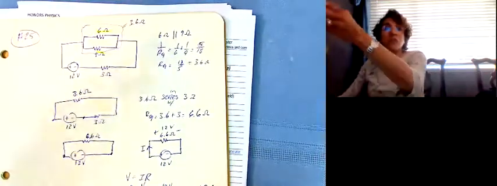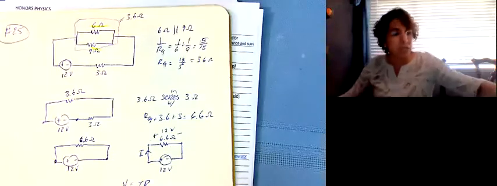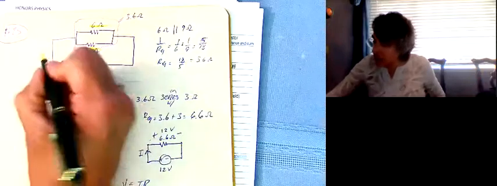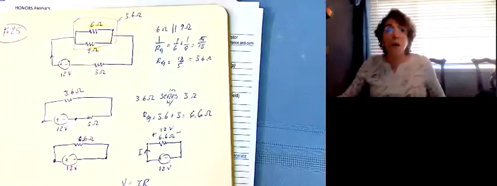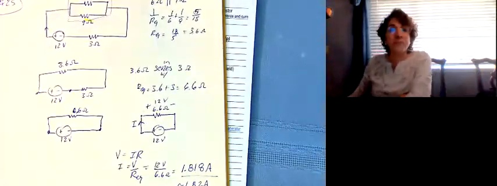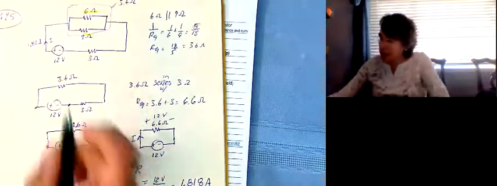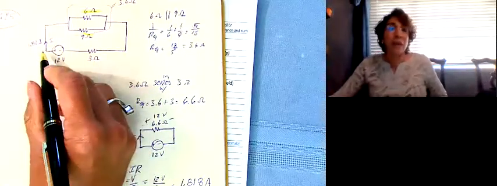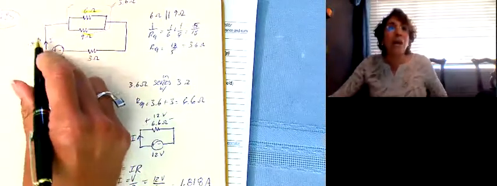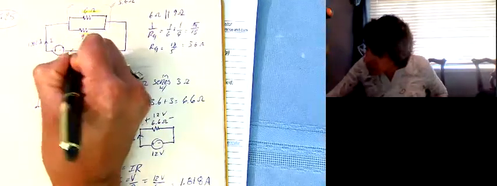All right, so now let's go back to the original circuit. I know that from here I have 1.82 amps. Well, if that's the case, that's how much was going into the battery. So in the battery, out the battery, 1.82.